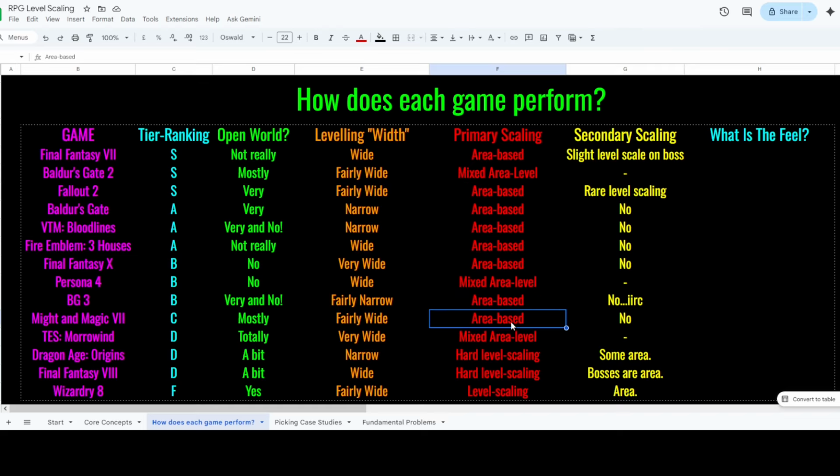Might and Magic 7, which we did relatively recently, certainly is. And then Morrowind has enemies that are locked to areas, and I think almost anything on the main quest is locked to those areas. But many of the areas where you're fighting, particularly the Daedra, as I recall, will hard scale to your level.